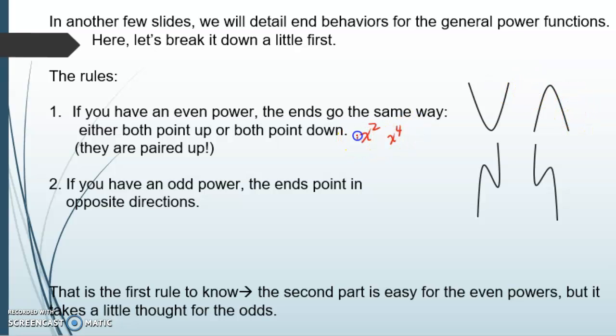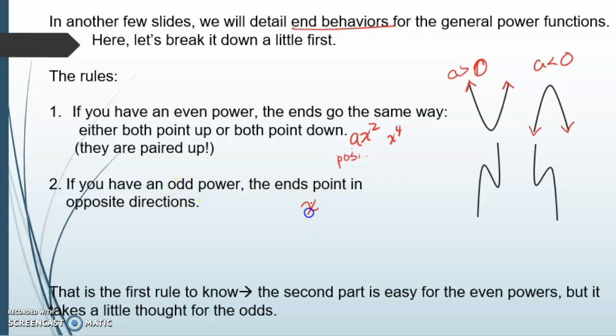If out front your a is positive, it's going to point up. That's a being positive, a is greater than 0. If a is negative, it's going to point down. That's called the end behaviors.